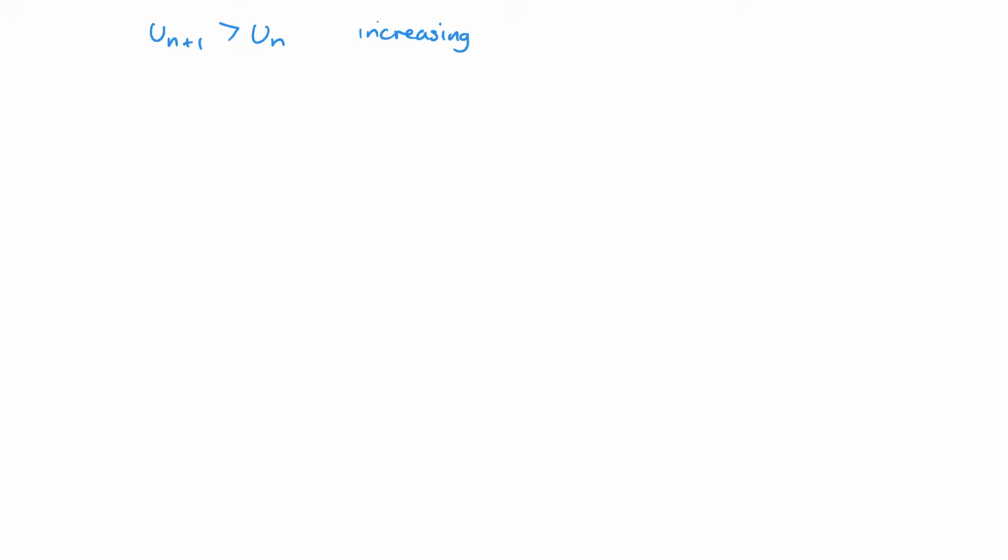Sounds very obvious, I guess. If my second term's bigger than my first term, and my third term's bigger than my second term, and so on, it's obviously increasing. For example, 2, 4, 6, 8, 10, and so on.